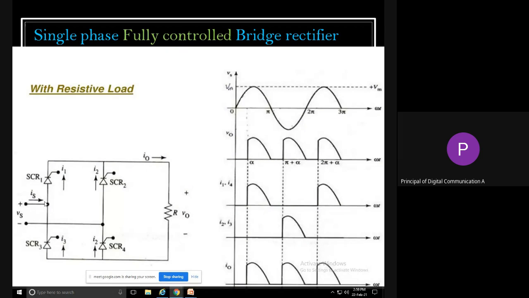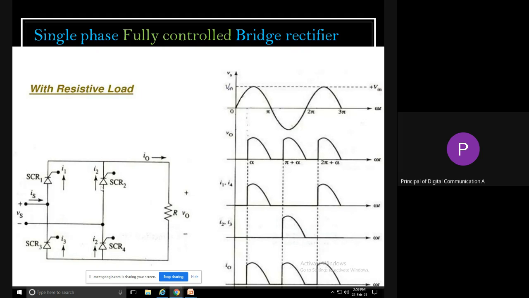With this positive and negative terminology, SCR1 and SCR4 are going into forward bias. I am saying forward bias, not on. So they will be in forward bias. At the same time, SCR2 and SCR3 will be in reverse bias.